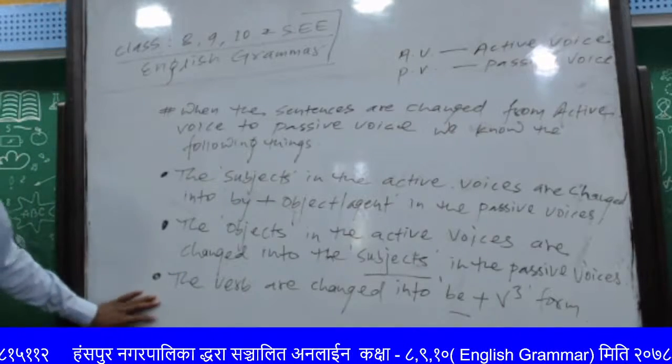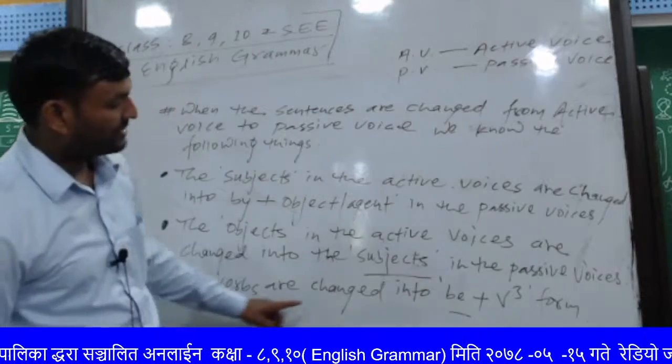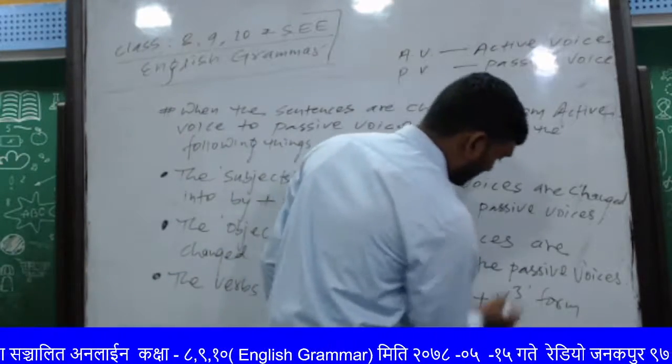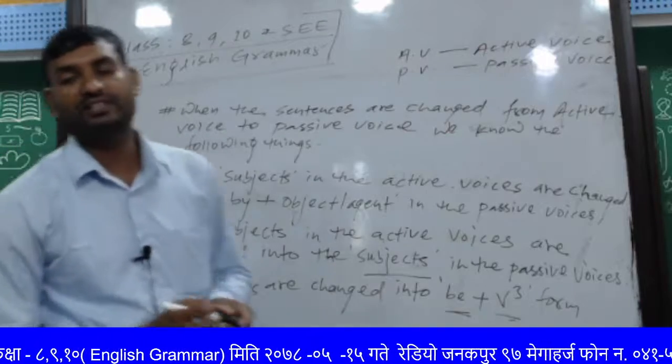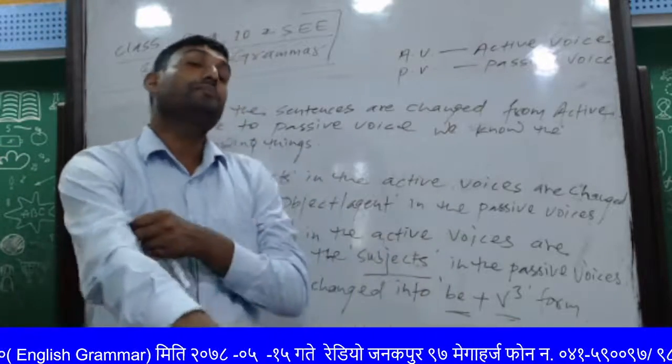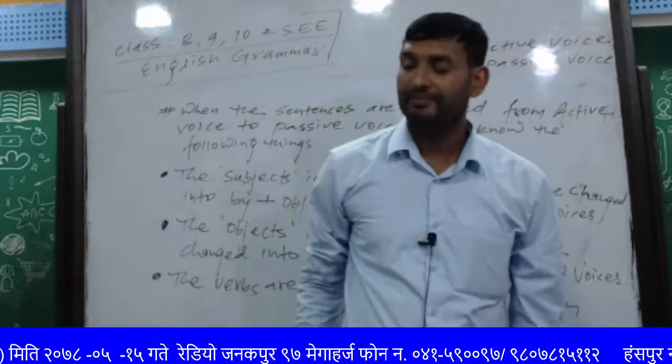And the verb is changed into be plus V3. Be means be verb, and V3 means the third form of the main verb.